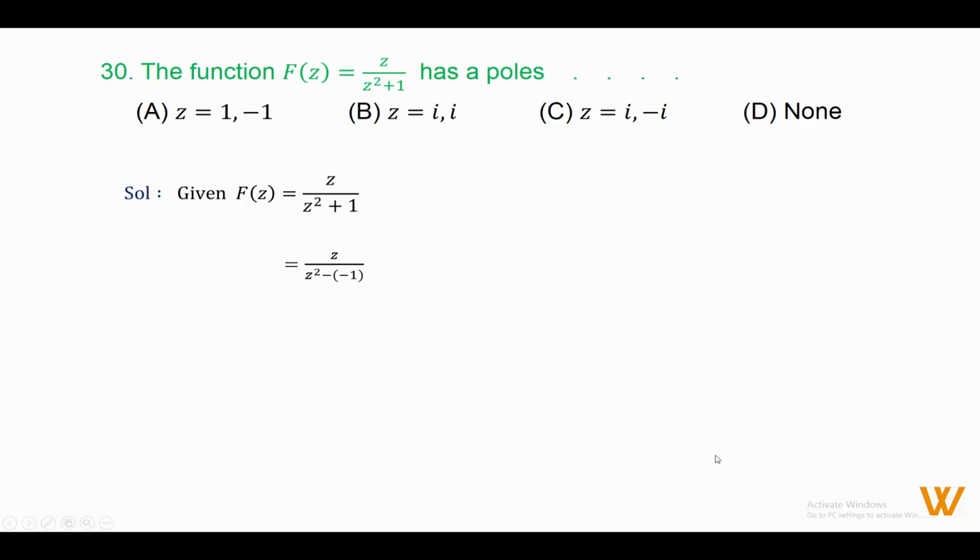Now put the value of minus 1 as i square, z upon z square minus i square, because i square is minus 1, equal to z upon z plus i, z minus i, and therefore z equal to minus i and z equal to plus i are poles of function f of z. Both are simple poles. Answer is C option, z equal to plus i, z equal to minus i.